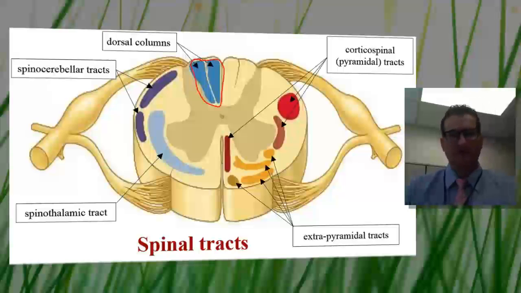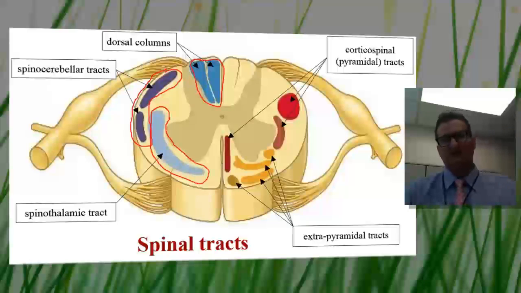The spinal cerebellar tracts, which are here, and the spinal thalamic, which are here. It's interesting that these are all on the right side of the spinal cord. The dorsal column relays sensations of deep pressure, vibration, and those needed to create awareness of the body's position.